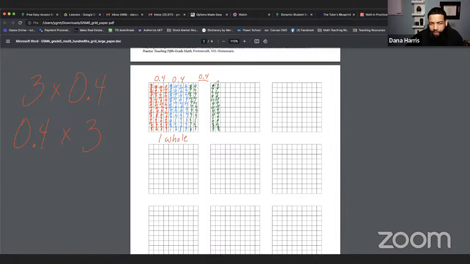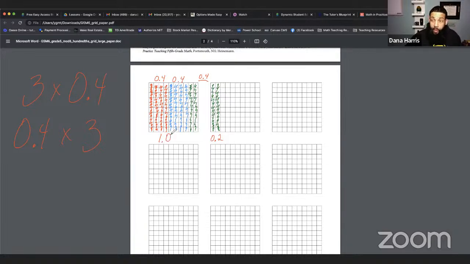And then I have 2/10 here because remember we said previously one full column of 10 cubes is going to be 1/10. So I have 0.2. Okay, instead of writing one whole, since we're not working with fractions, let's write a decimal. So 1.0.